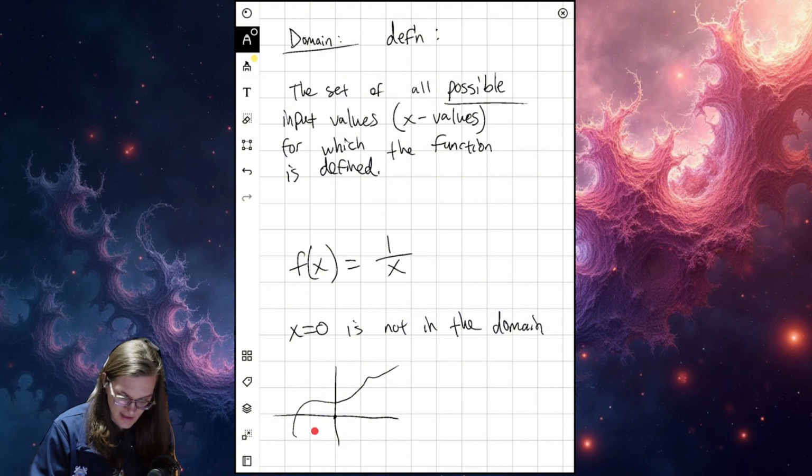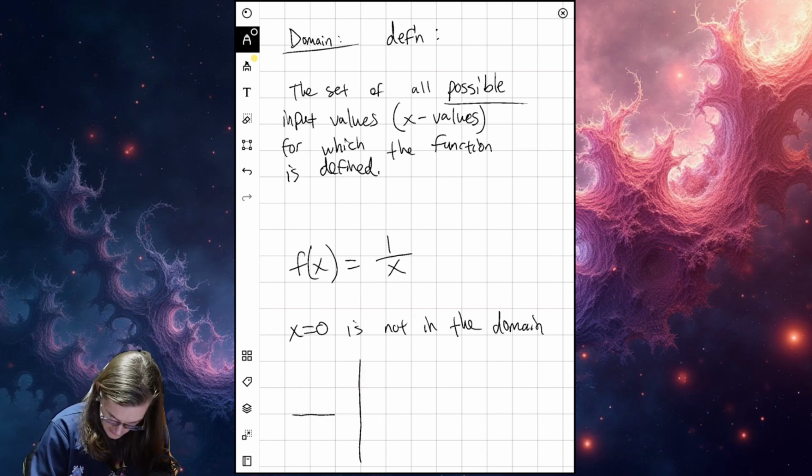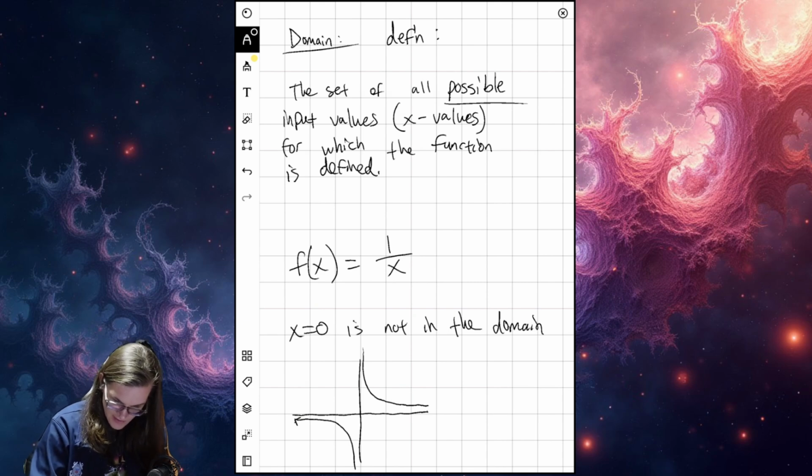So 1 over x looks something like this, right? It's a weird function to think about, but as you'll see, when x equals 0, right here, this goes on to infinity, this goes to infinity, and asymptotes. There's no value on the function. The function doesn't exist there.